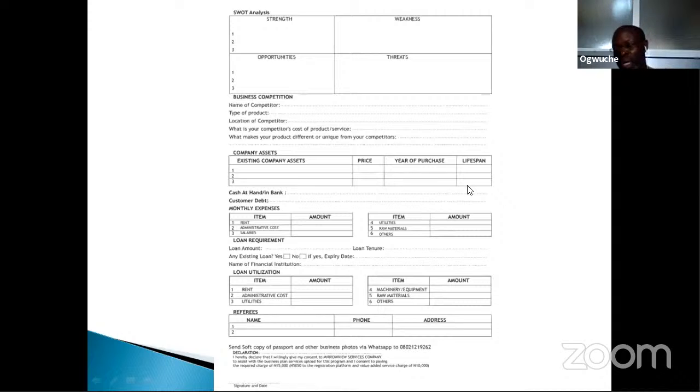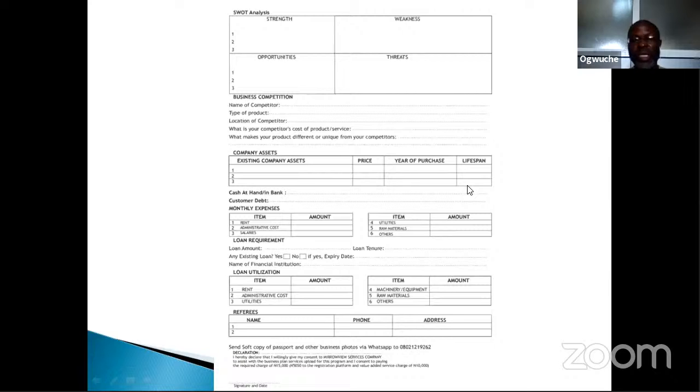And this analysis we can do for almost any line of business that we have under consideration. If it's tailoring, that's basically the same kind of analysis. If you're going into catering, you can do basically the same kind of analysis in terms of the strengths, which are internal, the weaknesses, which are also internal, the opportunities are outside there, and these opportunities are a function of things like government policies, and, of course, threats all over the place, competition, because many more people are going into the same line of business.